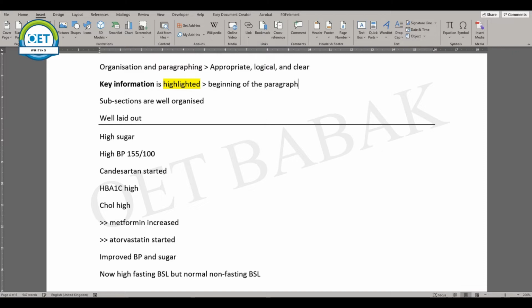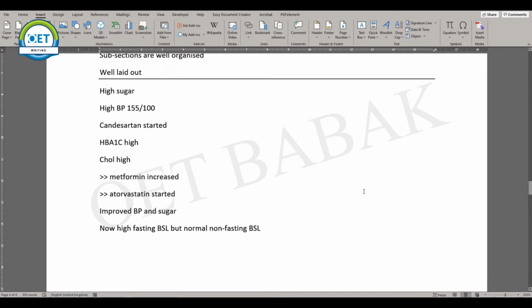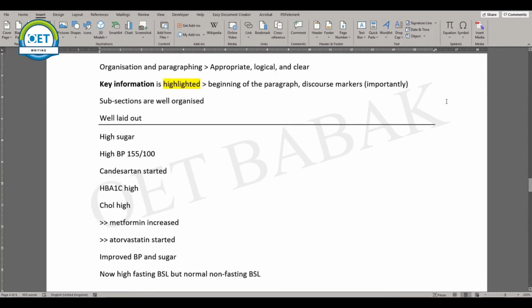Another way of highlighting information is by using discourse markers. It means like to say it is important, or importantly, or it is essential. So basically to actually say the word importantly or something like that. And then, as you said, to bring it earlier.